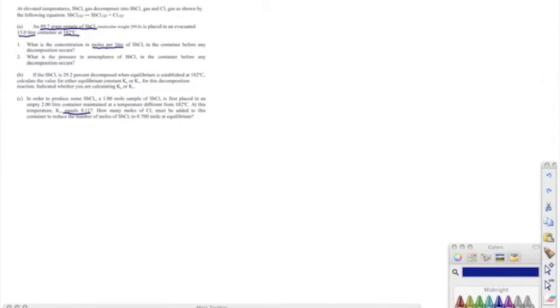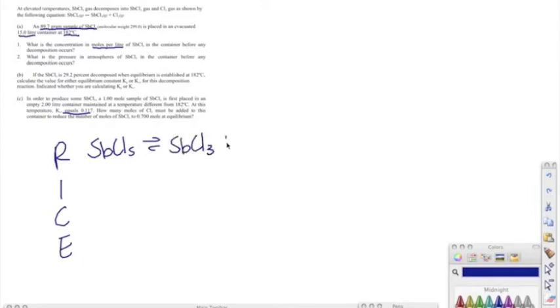So let me clean this up here. Okay, so I'm going to go ahead and set up my RICE table again. Gotta love these RICE tables. SbCl5, SbCl3, Cl2. So my initial concentrations, they told me that a 1 mole sample is placed in a 2-liter container.